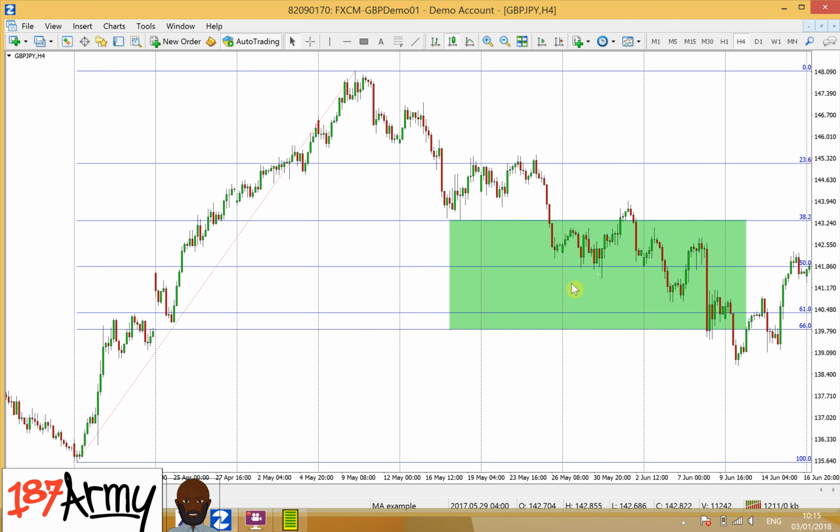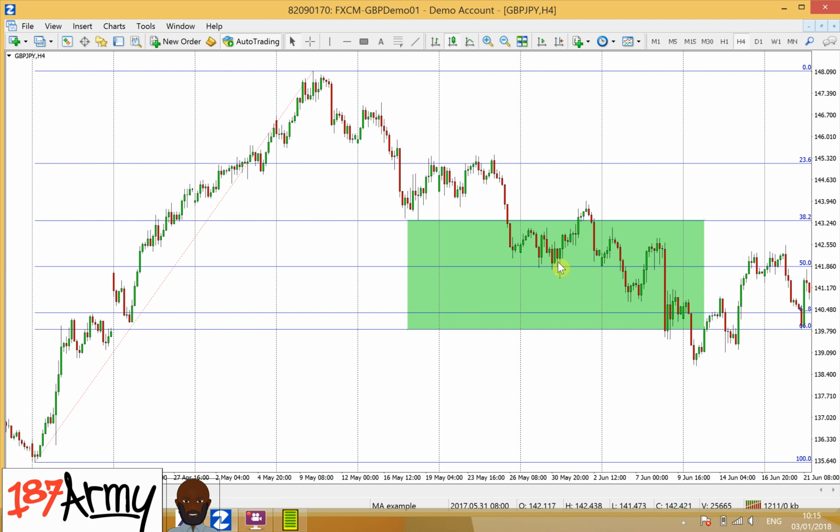But here you have a bullish pin bar, and you would have made 150 pips. And this is another bullish engulfing candle. This green candle engulfs this red candle, and this one would have made 150 pips.